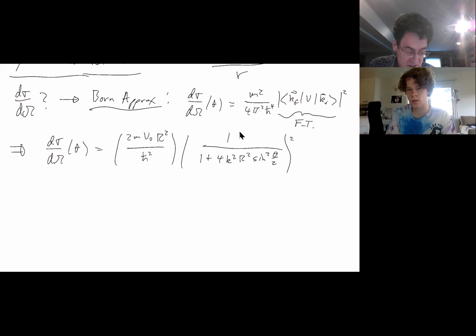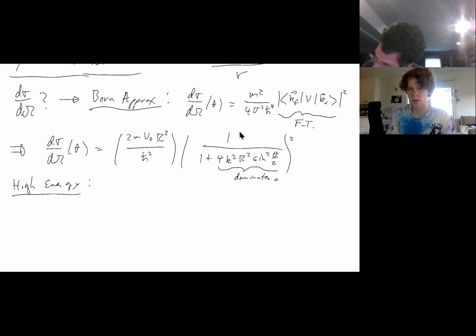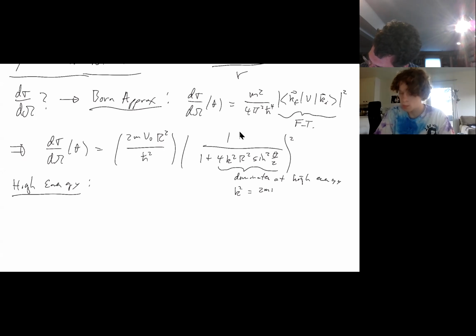But if you plot it, then it starts to make sense, because if we plotted it at high energy, then it's kind of interesting. And when we say high energy, basically we're saying that this term dominates at high energy, because K squared is equal to, remember, 2mE over h bar squared, right? So if I say big energy, I mean big K squared.